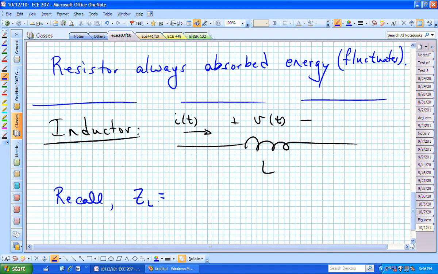Is it a function of frequency? Is it more than just L? What's Z sub R for a resistor? That's just R, isn't it? The impedance for an inductor was omega L at 90 degrees. Or it was j omega L. Maybe you remember it that way.